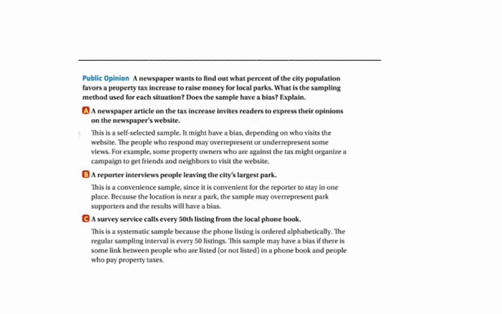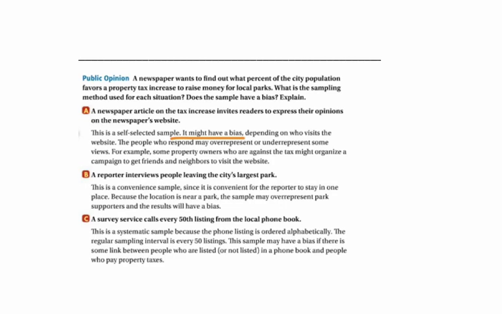And explain. So the first one says a newspaper article on the tax increase invites readers to express their opinions on the newspaper's website. This is a self-selected sample because you're just tossing it out there and whoever responds, responds. It might have bias. So notice that they are hedging that, depending on who visits the website, the people who respond may overrepresent or underrepresent some views.